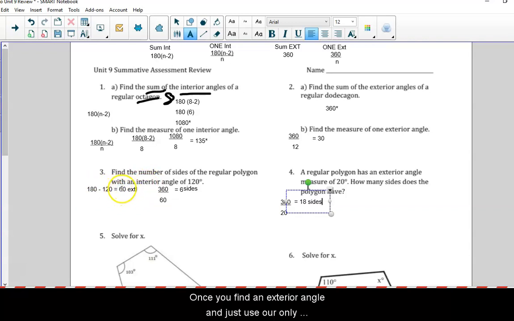So once you find that exterior angle, then just use our only equation really that deals with the exterior angle, 360 divided by that exterior angle degree, and it will give you your number of sides. That's what it's looking for, find the number of sides. The regular polygon has an exterior angle measure of 20 degrees. You're just going to run that same formula. They did all that work for you. They just gave it to you, 20 degrees. Just divide from 360. Get your number of sides. Okay?